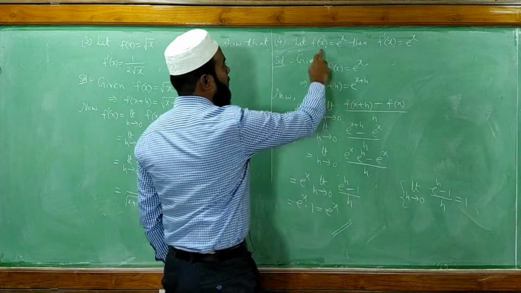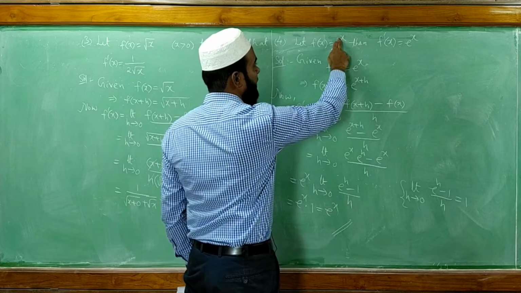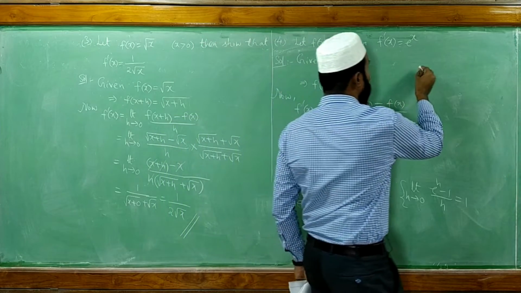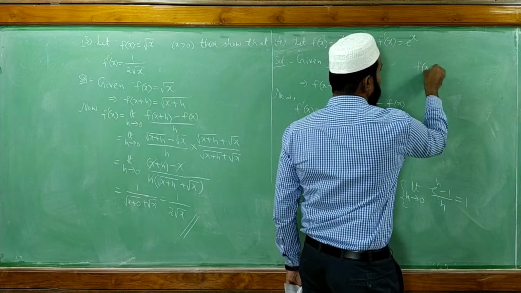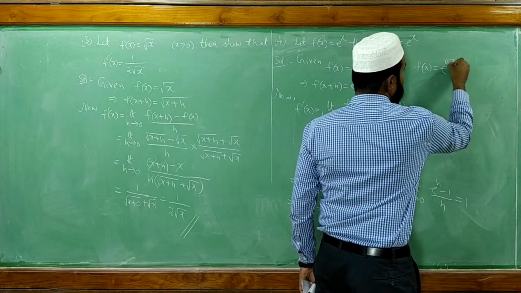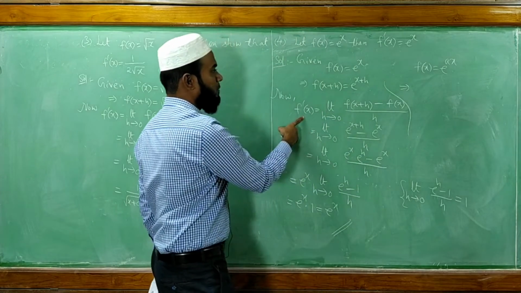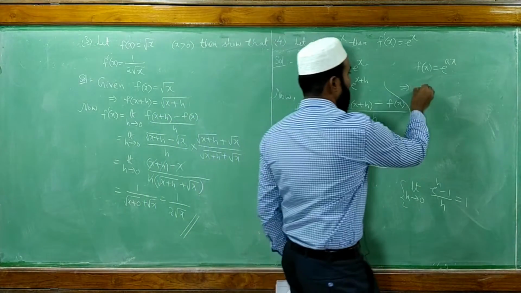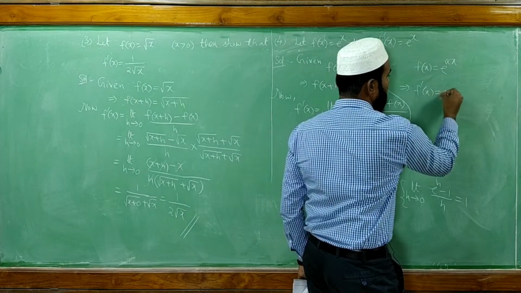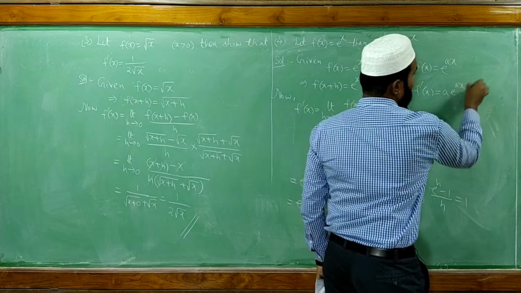Similarly, if f of x equals e power ax is given, by using this formula only, we can establish that f dash of x is given by a into e power ax.